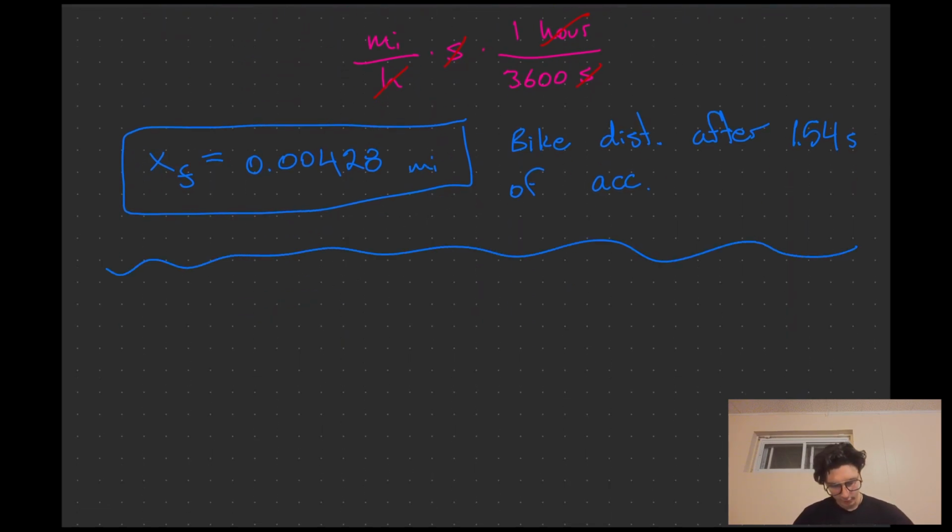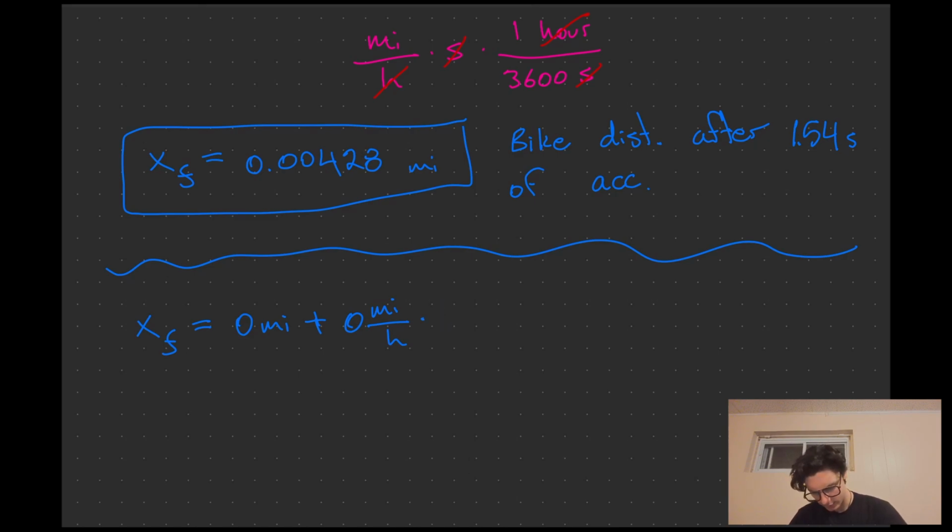So why are we doing this? Well, if we find the final position of the car, it will kind of give us an estimate of when they coincide in position. So here we have X final for the car. It's originally at 0 miles per hour. Then we have 0 miles per hour times time.